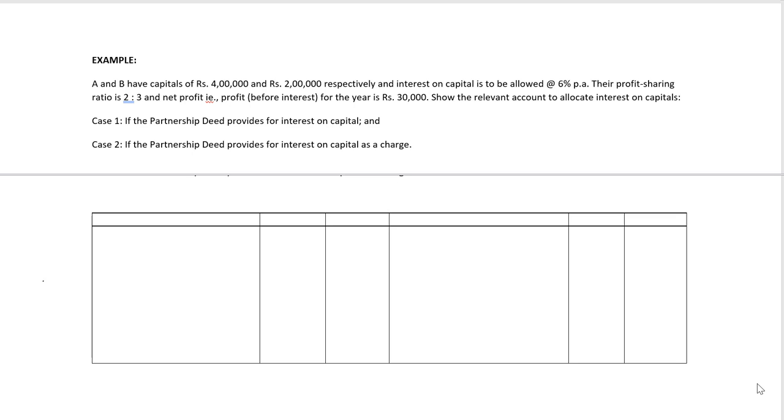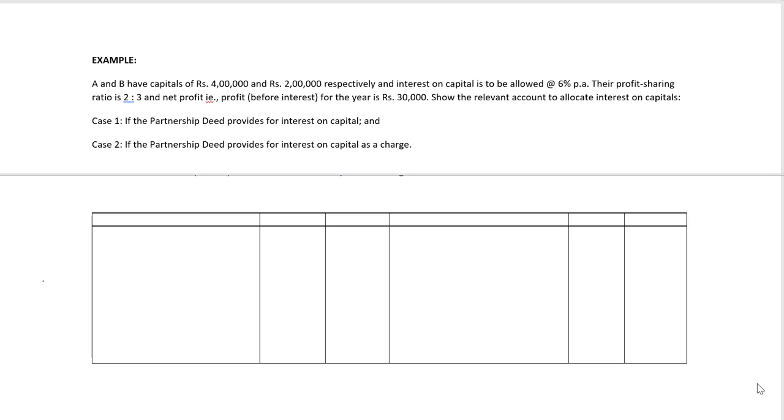Example: A and B have capitals of rupees 4 lakh and rupees 2 lakh respectively, and interest on capital is to be allowed at 6% per annum. Their profit sharing ratio is 2:3 and the net profit, that is a profit before the interest, for the year is rupees 30,000.